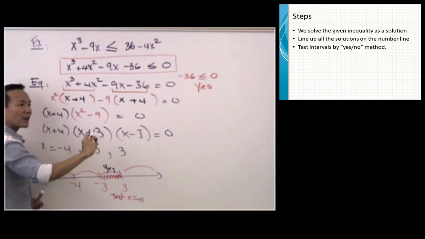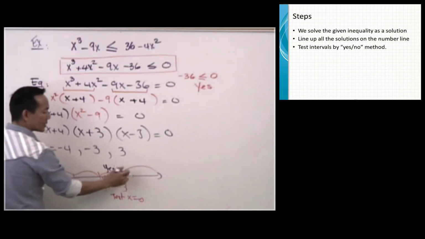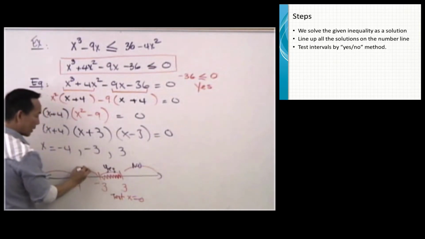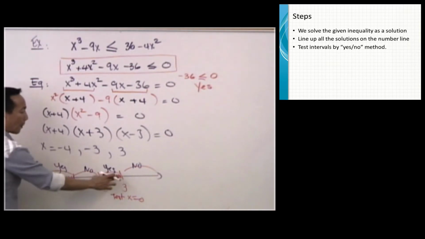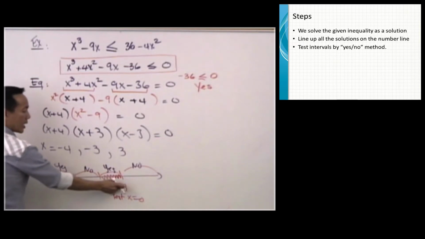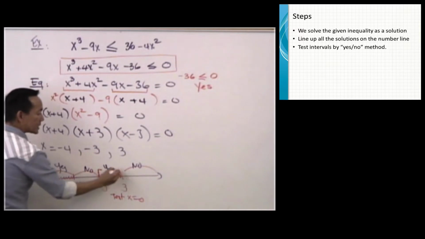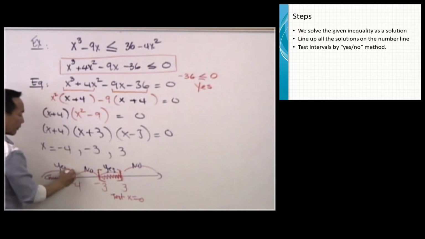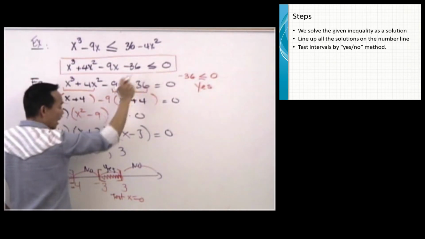And the nature of the testing is alternating. If this interval is yes, the next one would be no, and this would be no. This would be yes. So we shade on the yes intervals, and at negative 3 and 3 we use the bracket. At negative 4 I also use the bracket because we do have the equal sign in the inequality.